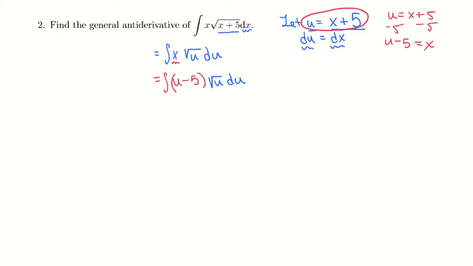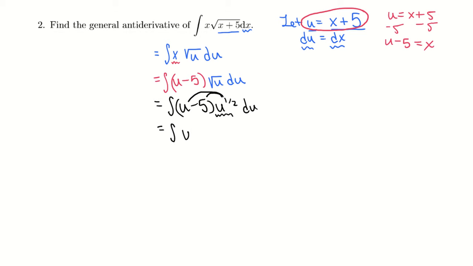Now that doesn't look like it helped us immediately, but if we rewrite this as the integral of u minus 5 times u to the 1/2 du, now that we only have u to the power 1/2, we can actually distribute that into the parentheses.